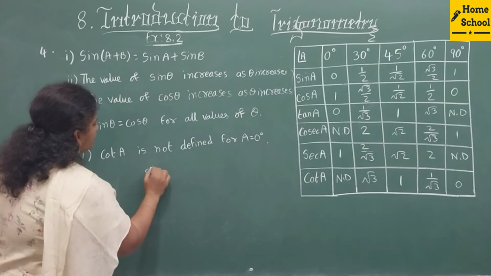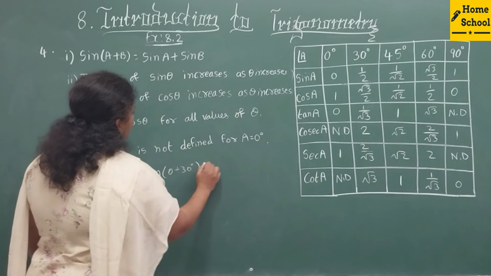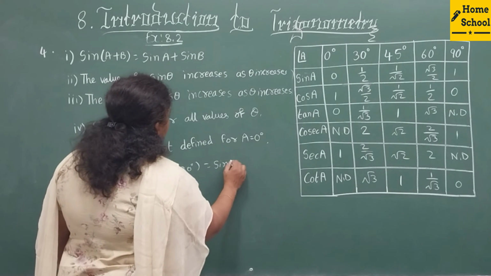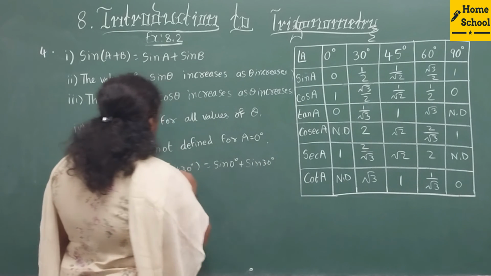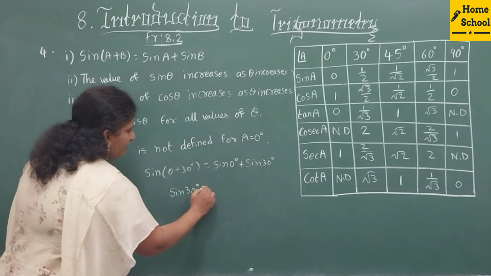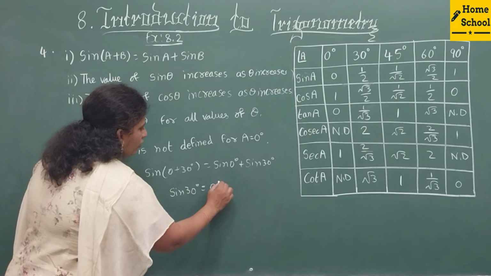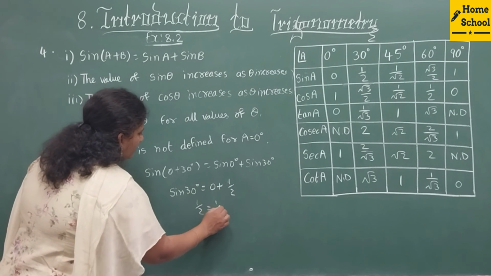That means sine of 0 plus 30 degree is equal to sine 0 degree plus sine 30 degree. 0 plus 30 will be sine 30 degree, and here sine 0 value is 0 plus sine 30 value is 1 by 2. 1 by 2 is equal to 1 by 2.